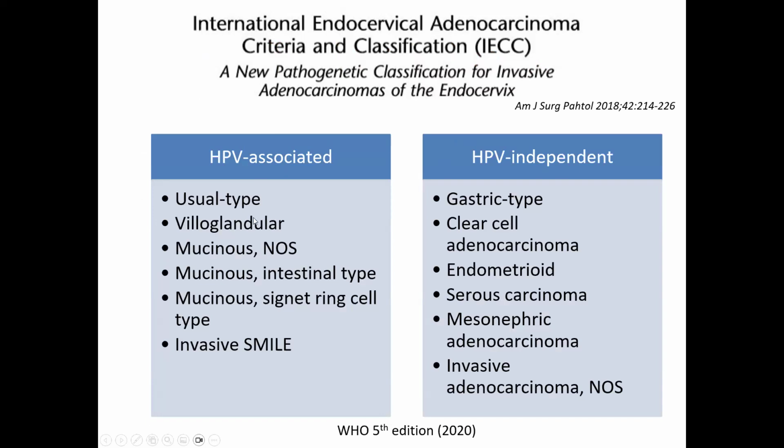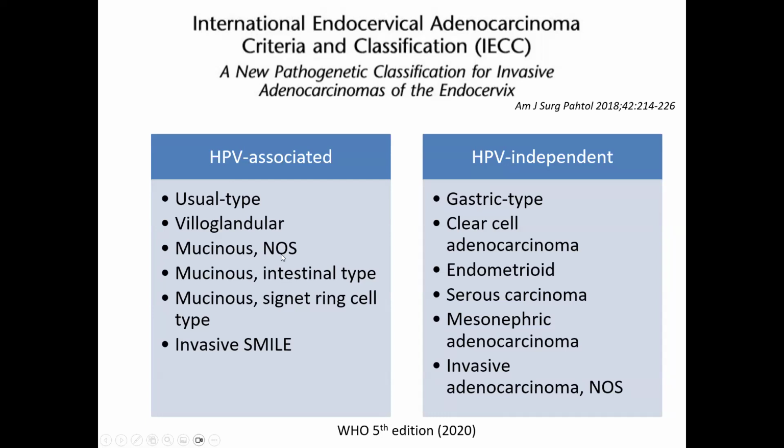HPV-associated, you have these options: the usual type, glandular type, mucinous, mucinous intestinal, mucinous signet ring, and the invasive stratified mucin-producing carcinoma. All of these lesions are known to be associated with HPV. Some adenocarcinomas are not HPV associated, and these are typically more aggressive than the HPV associated.